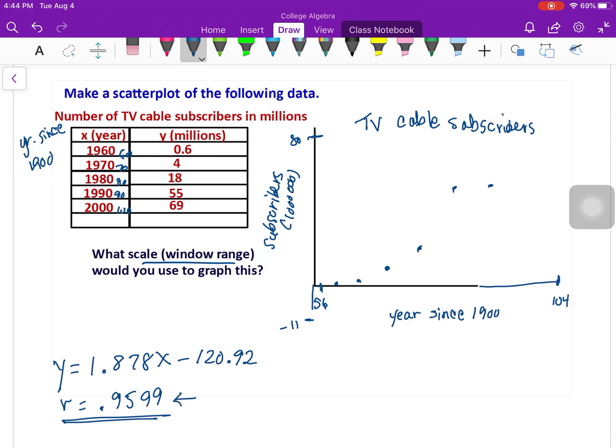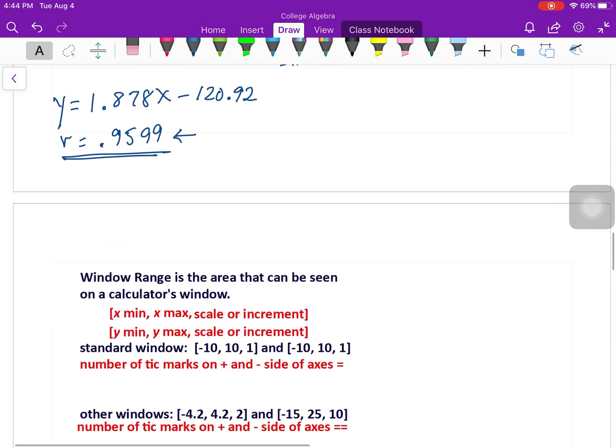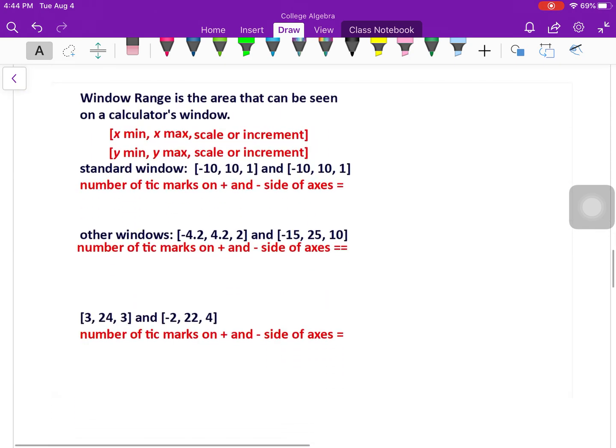And my R is 0.9599. Your correlation will always be stated to 4 decimal places. If your R did not show up, you can press Mode, scroll down till you get to Stats Diagnostics, go on to On, and hit Enter.